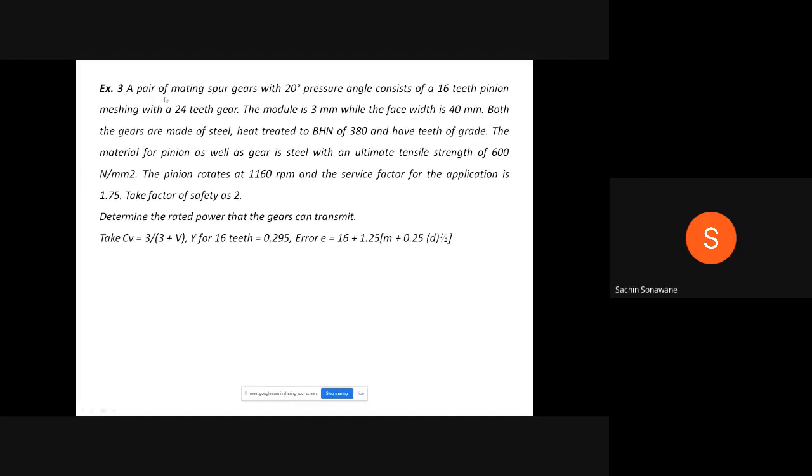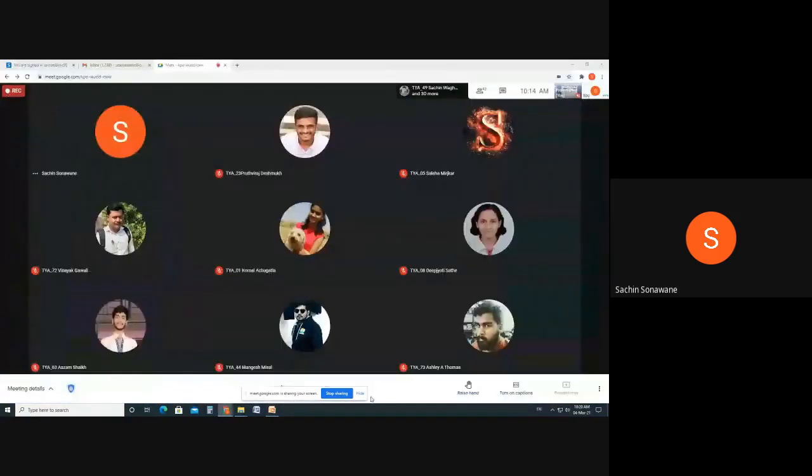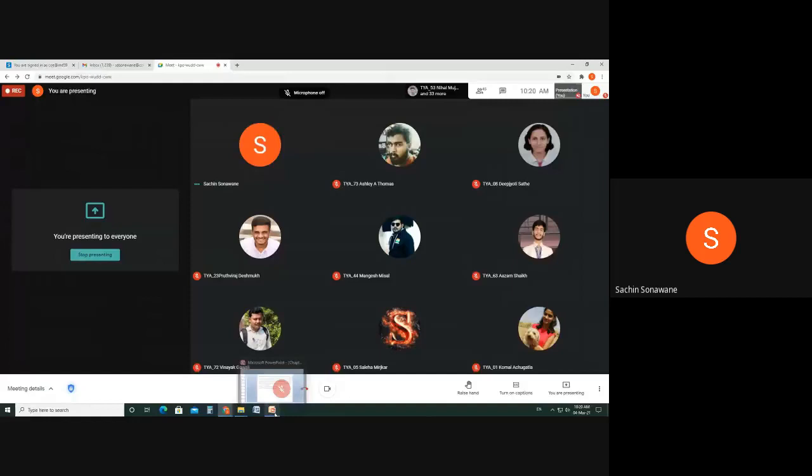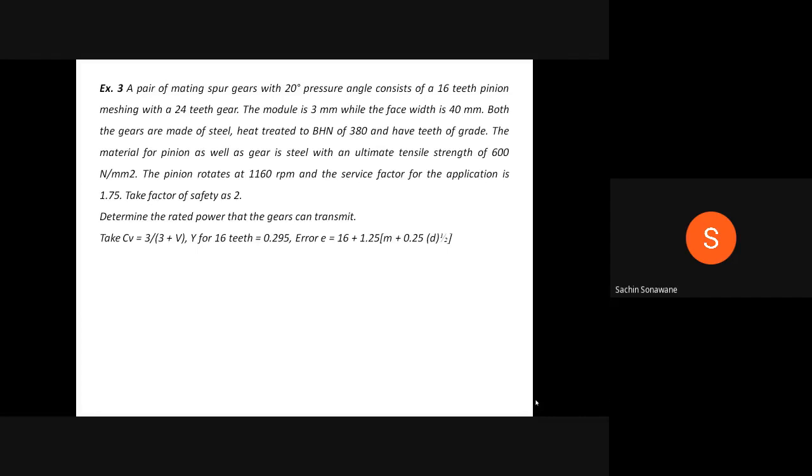A pair of mating spur gears with 20-degree pressure angle consist of a 16 teeth pinion meshing with a 24 teeth gear.